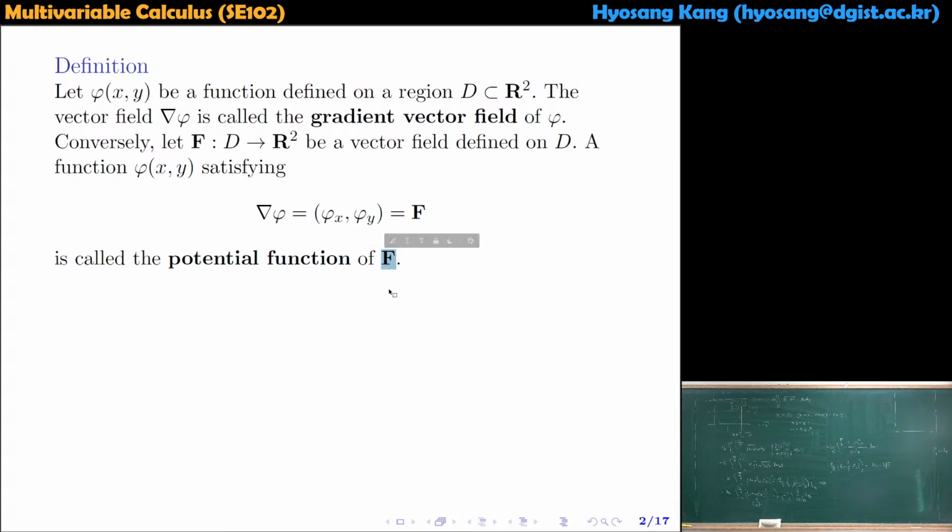Okay? You probably learned the potential function in physics, like in classical mechanics or electrodynamics. It measures how much work has been done by this vector field. And this function actually gives the vector field by the gradient vector.